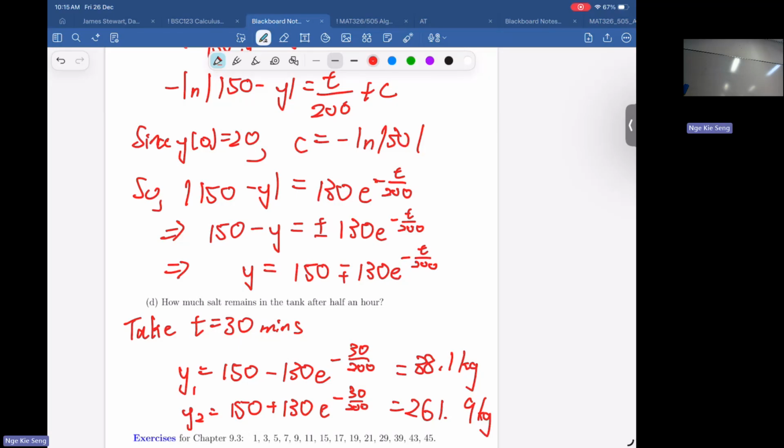So are you saying that there's no rate out? Wait, does it make sense that way? There's no rate out. It might make sense.